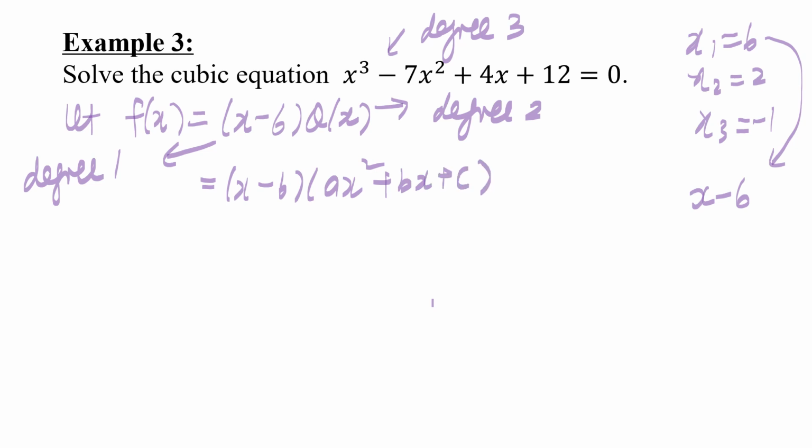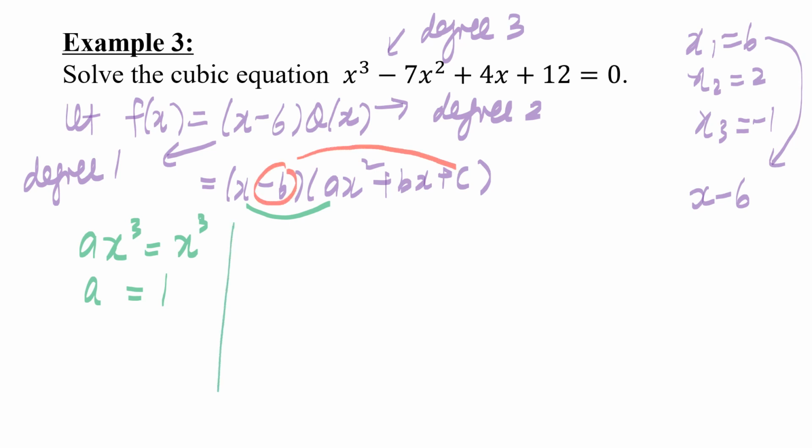I'm going to compare coefficients of similar terms. Divide by x cubed throughout, x cubed divided by x cubed will be 1, so a is 1. Then this one multiplied with this, negative 6c equals 12, so c will be negative 2.